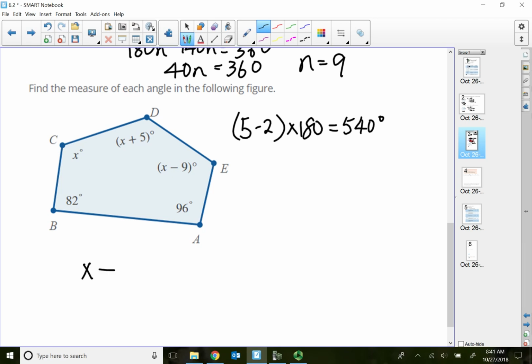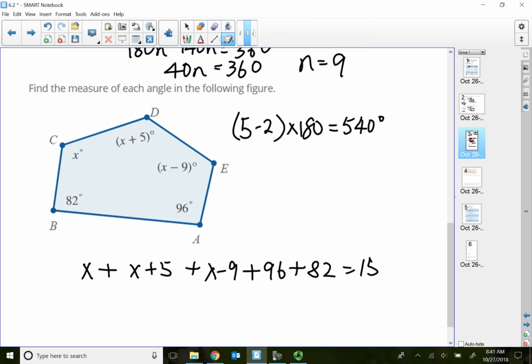So x plus x plus 5 plus x minus 9 plus 96 plus 82. All 5 angles together have to equal 540.